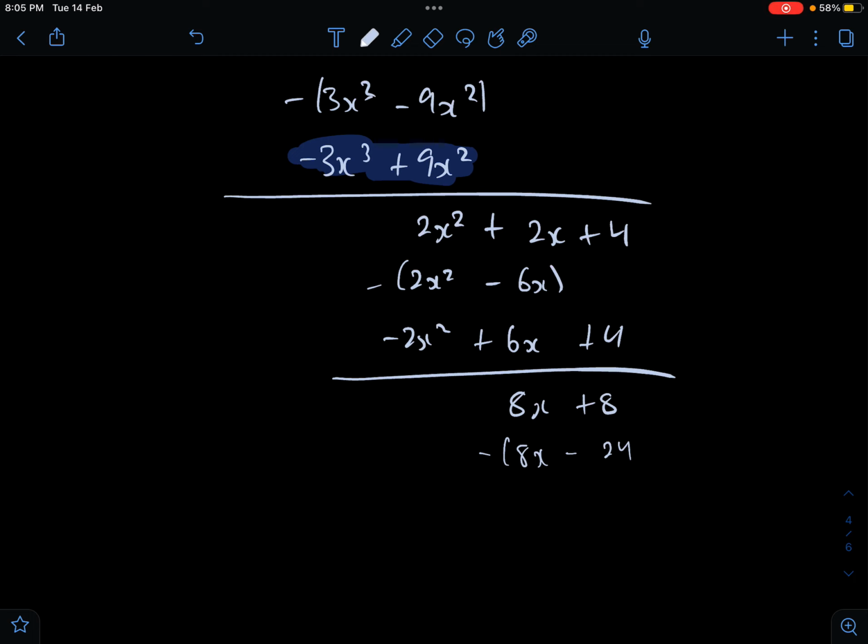Oh, sorry, this over here shouldn't be there. This is just plus 4. Something seemed off. There we go. Plus 4, you get your remainder of 28, because these two negatives work together to make a positive once again.